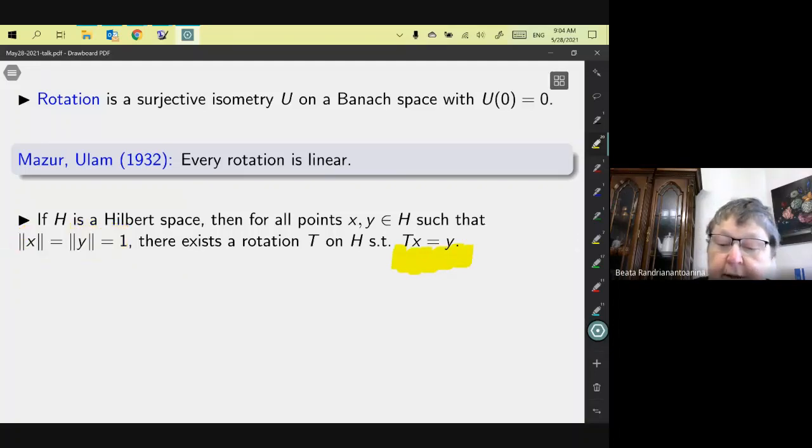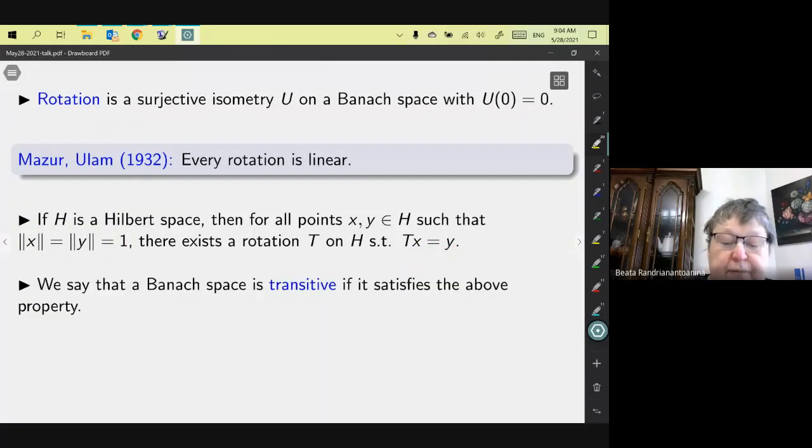This is a standard fact, and this fact gives this name transitive to the space. We say that a space which has this property is called transitive, and this is what our problem is about.